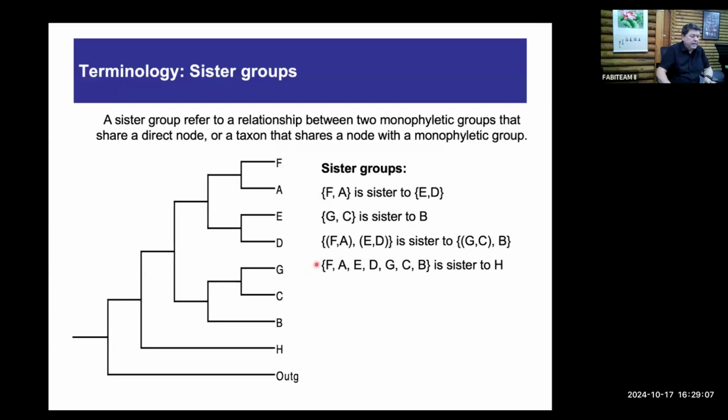In this case, the only time that this is relevant in terms of sister groups is when we refer to this whole monophyletic group that includes taxa F, A, E, and D. And if that group shares a node with the monophyletic group that includes taxa G, C, and B, we can say that this whole group is a sister group to this whole group here.